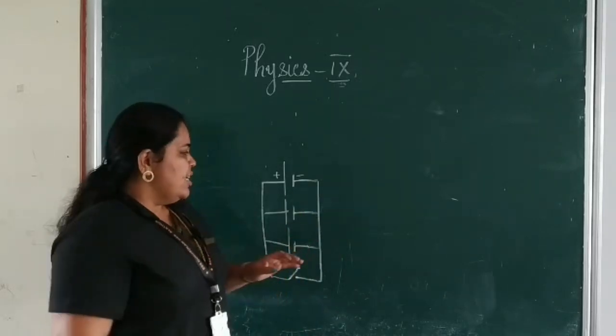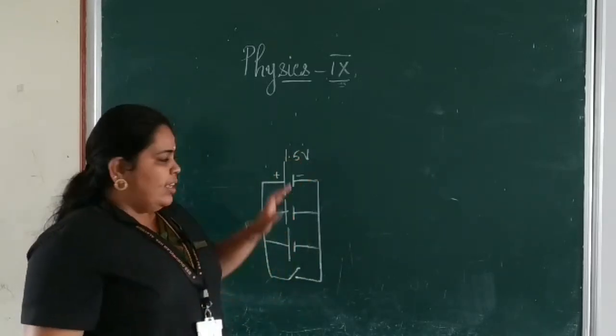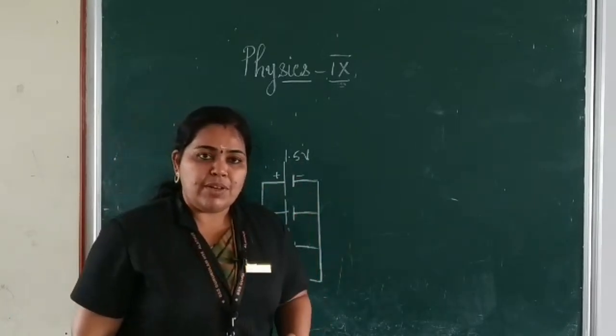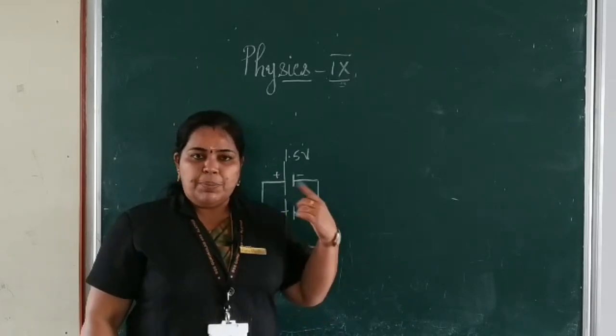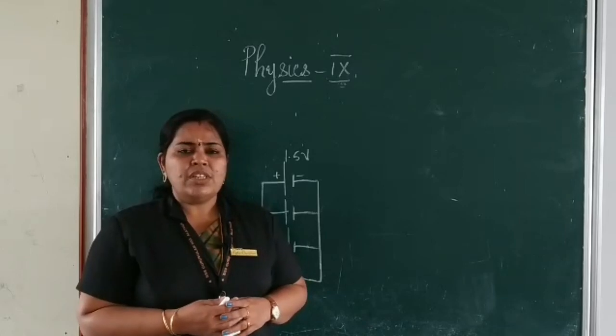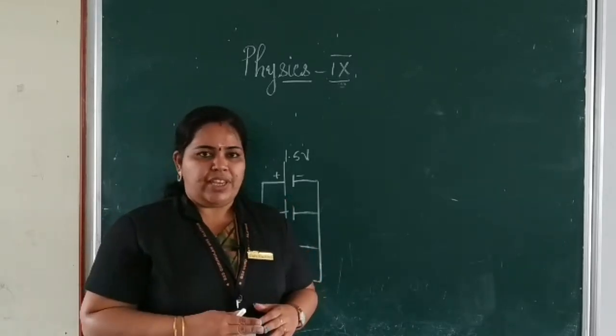Clear? And suppose if the EMF of all the cells are same, എല്ലാ സെല്ലുകളുടെ EMF സെയിം ആണെങ്കിൽ the total EMF will be the EMF of one of the cell. So in the previous case, in series connection, what was the total EMF? 1.5 plus 1.5 plus 1.5.